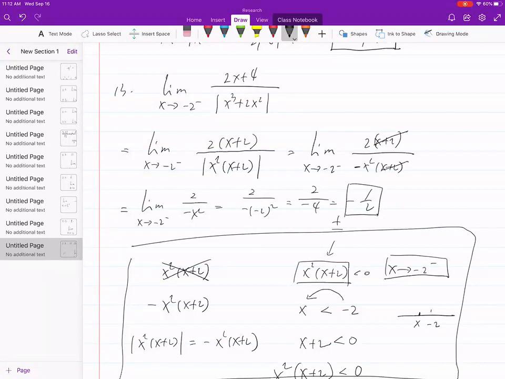Okay. So the key is going from here to here, removing the bar by analyzing whether I'm dealing with something negative or positive, using the information here.